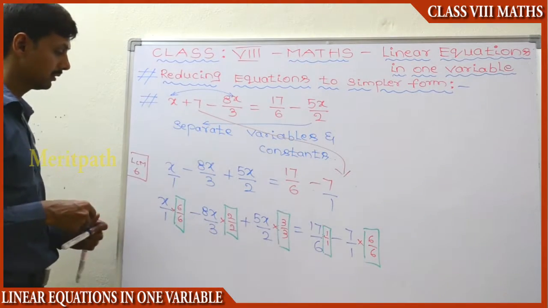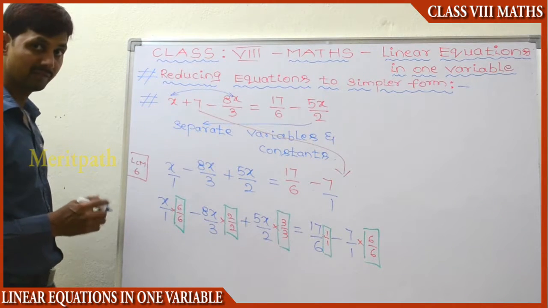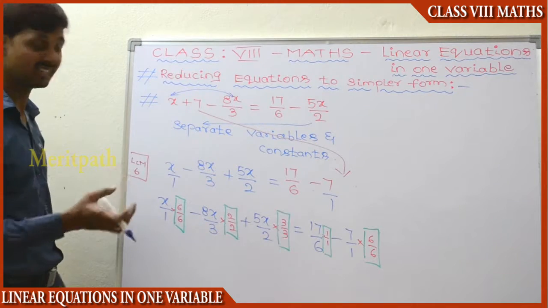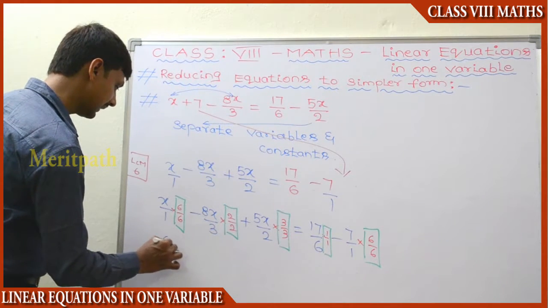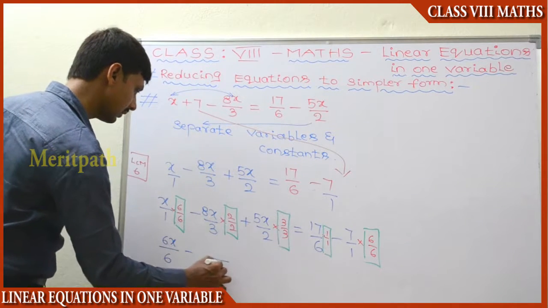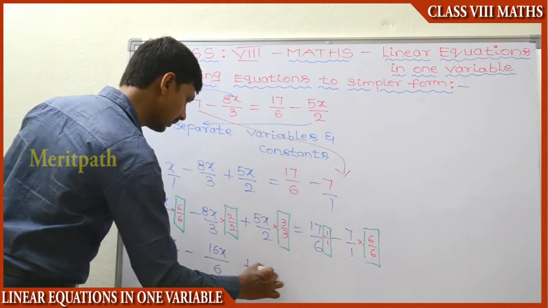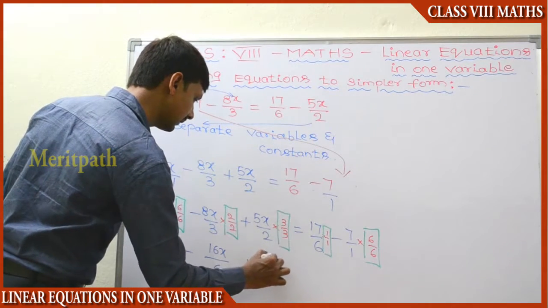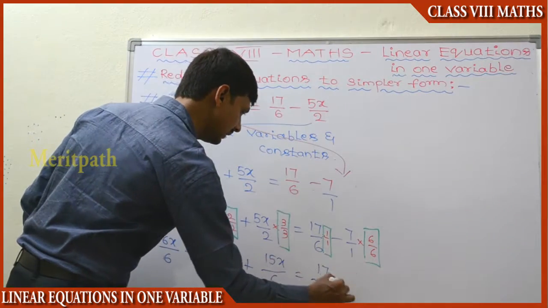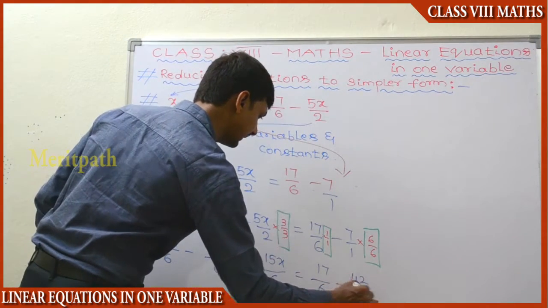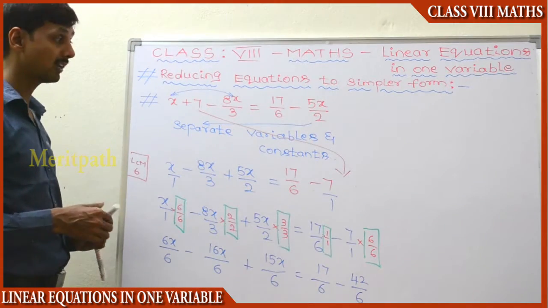So here the numerators will simplify because the denominators become equal. So let's see, here 6x, minus 16x, plus 15x, and here 6 into 17 is 42 by 6. So all the denominators we got equal.